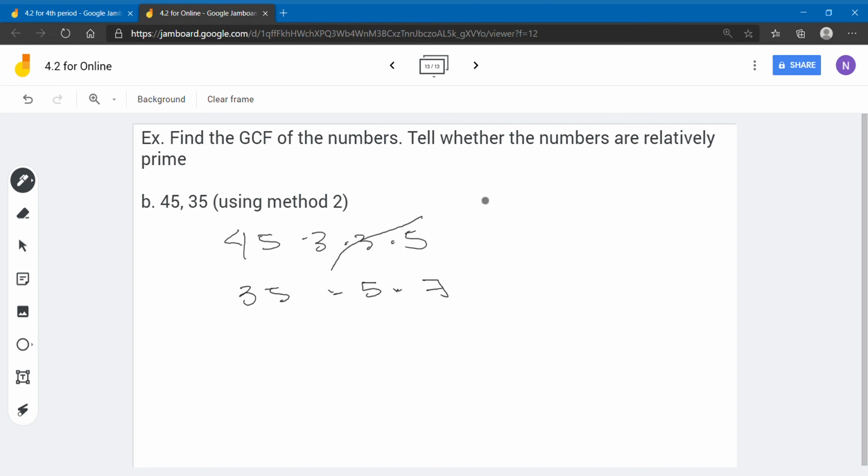As you can see, they share 5. Their GCF is simply 5, because it's just one 5, we're not going to multiply anything with it. So straight out, your GCF is 5. Is GCF 1 or 5? The GCF is 5, so that means not relatively prime.